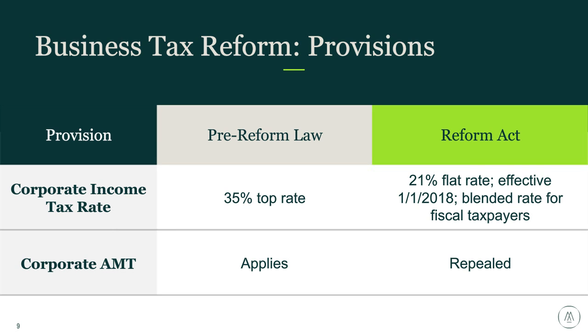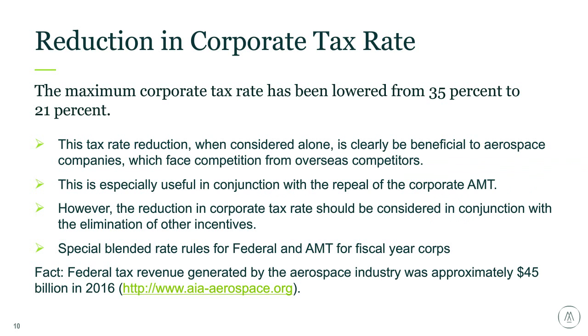Diving into this a little bit more, we won't spend a lot of time on this, but there are a few things worth mentioning. The first one is that we want to make no mistake that the reduced corporate tax rate and the repeal of AMT is highly beneficial for C Corp aerospace companies, as that polling slide showed.